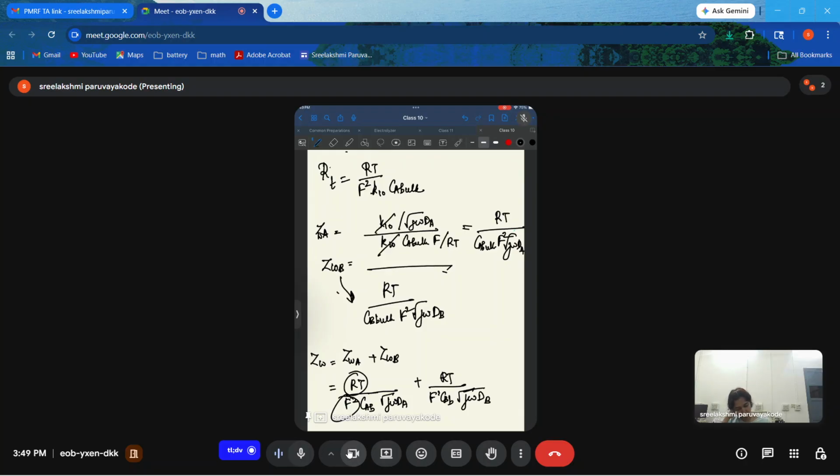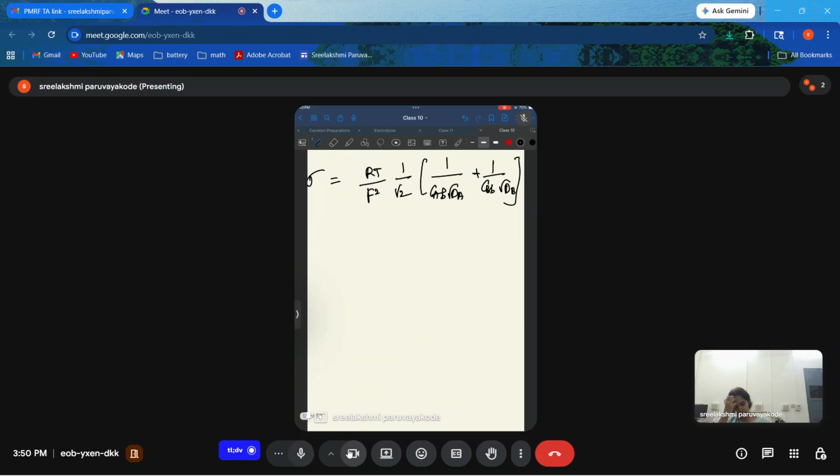So CAB into root dA, CBB into root dB, I'm going to substitute together as sigma. So if I write ZW, it becomes sigma root 2 by root of J omega. This is the expression for the total Warburg impedance.